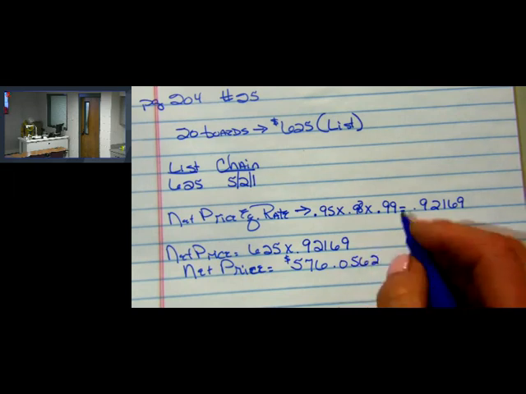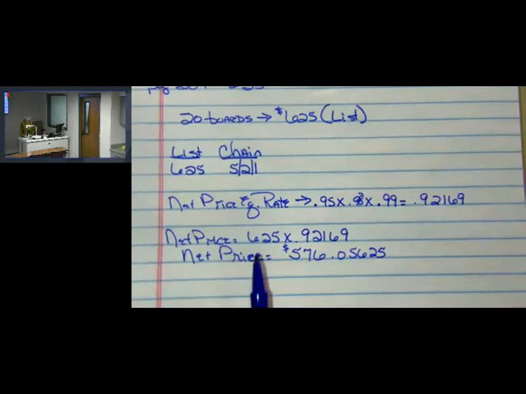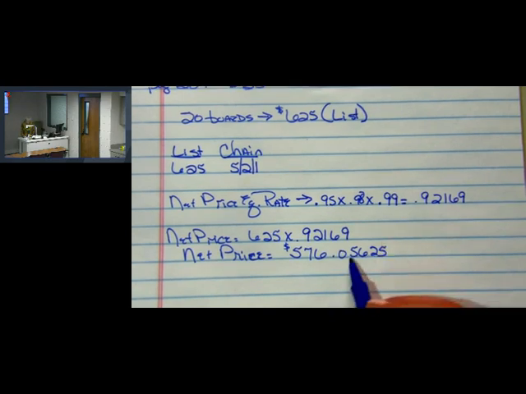I get a lot more digits than that when I take this times my net price equivalent rate. Clearly, we're dealing with money, so when we buy things with money, we round to the penny. So the amount of my net price is going to be $576.06.